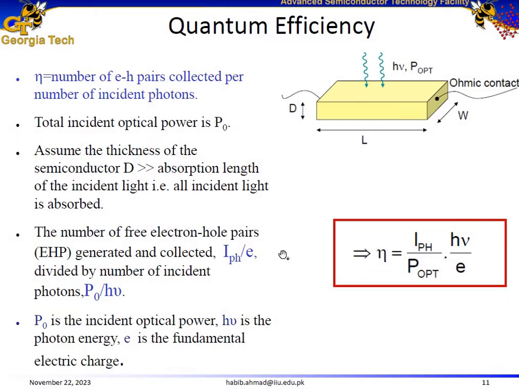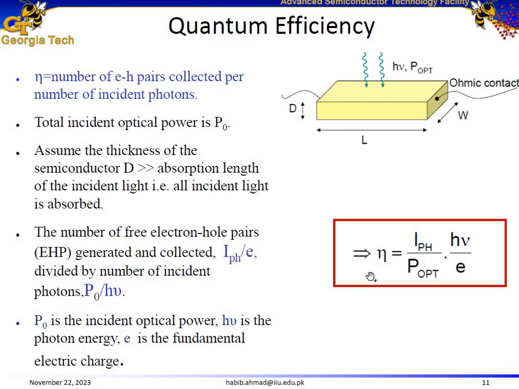How do we determine this number of electron-hole pairs generated? So this incoming light would result in the generation of electron-hole pairs, and their movement would result in a particular current. That current can be measured across an external circuit, and this current divided by charge on electron gives us the number of electron-hole pairs.